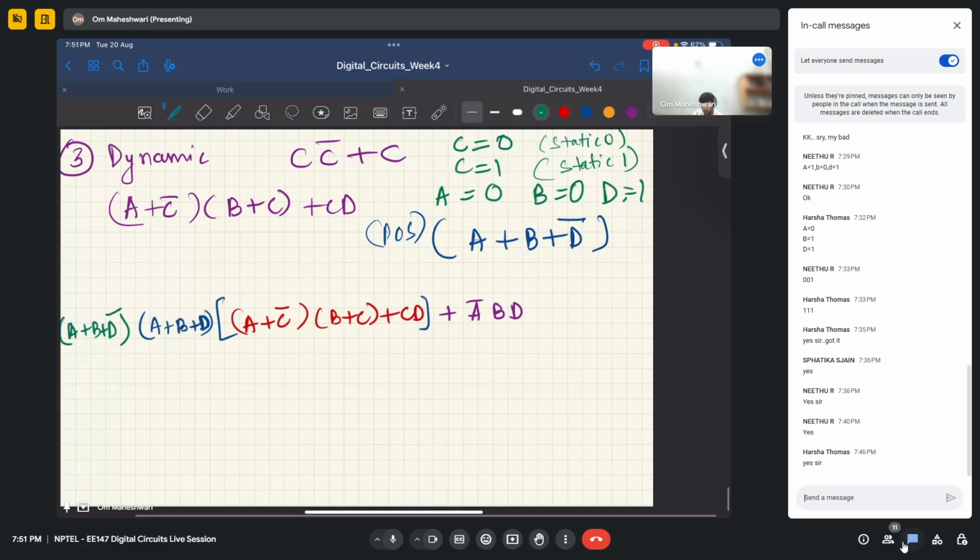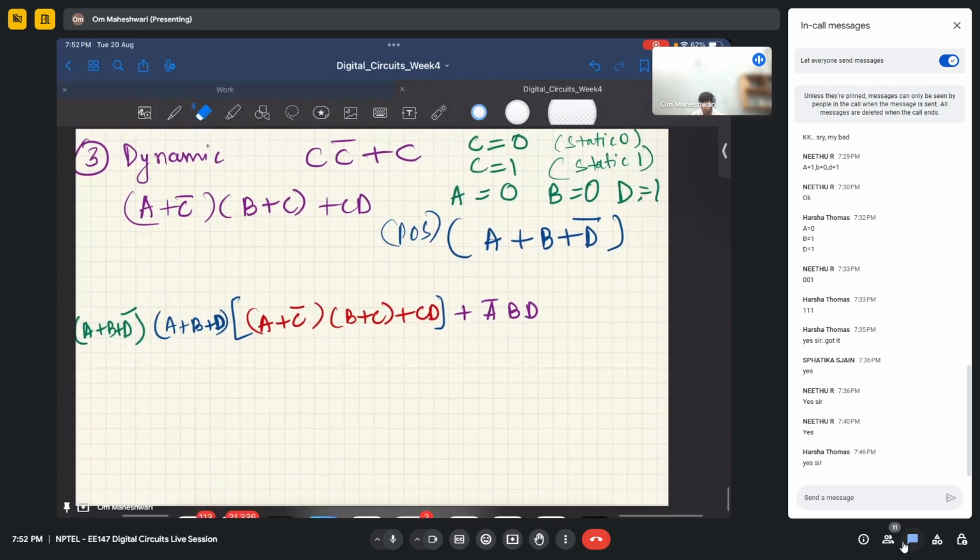And we can also add plus A plus B. We cannot do that. Okay, so just forget this for a moment.